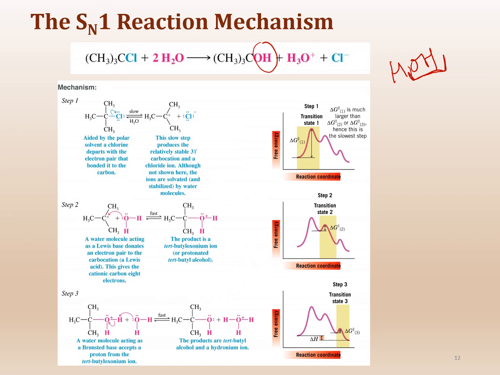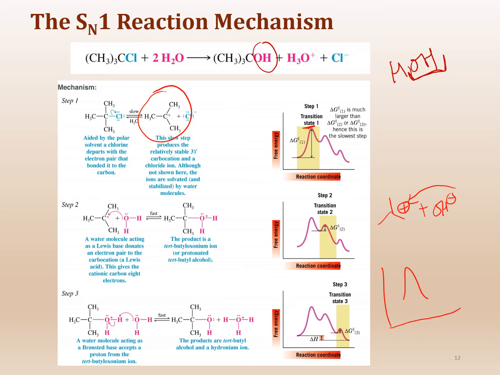So the most important thing here that you need to know is that you form the carbocation. In this case, this is the transition state. Now, if this was hydroxide, for example, if this was your carbocation and you had a hydroxide coming in, then you don't really have an extra transition state.